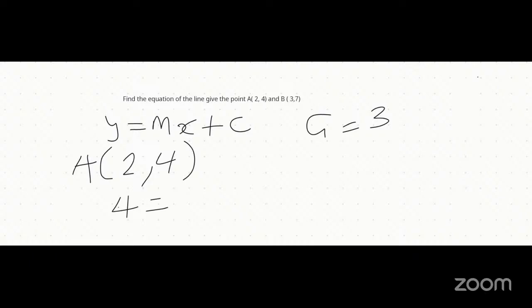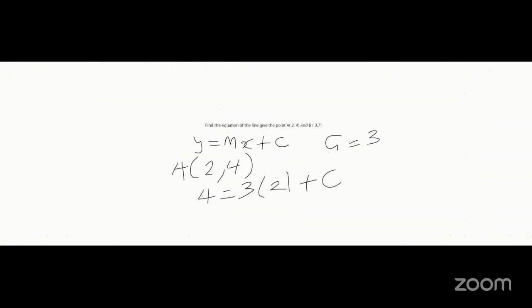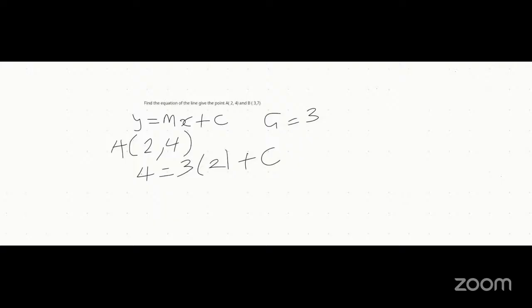So 4 equals 3, open bracket, what's our x? 2, close bracket, plus. We don't know what our c is. We're about to get our c now.